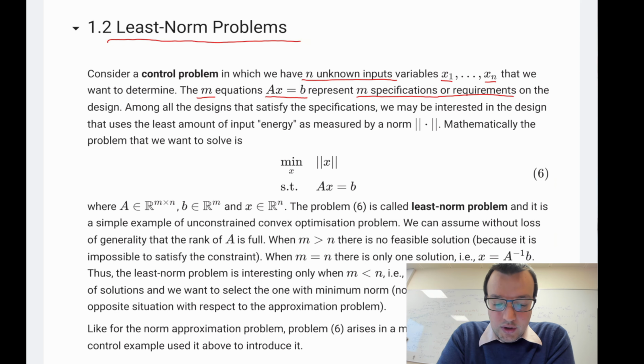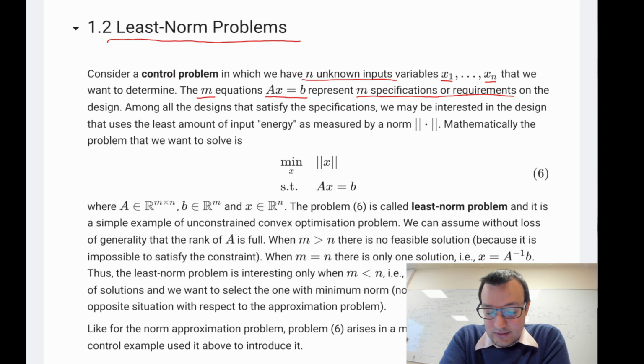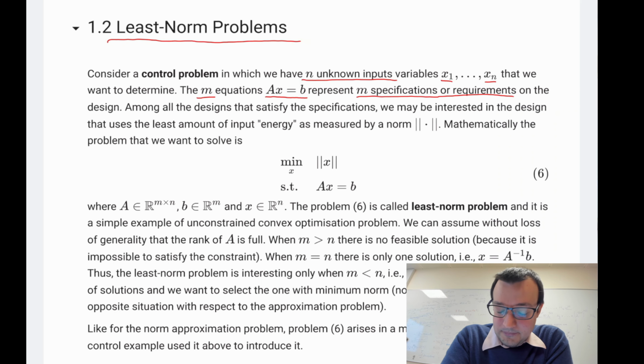So here, essentially, we want to satisfy these requirements exactly. But in addition to that, we would like to produce a design which uses the least amount of energy for the input.